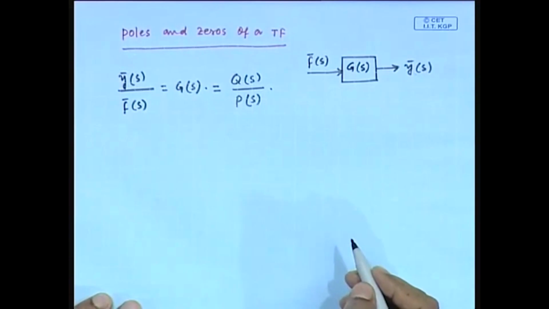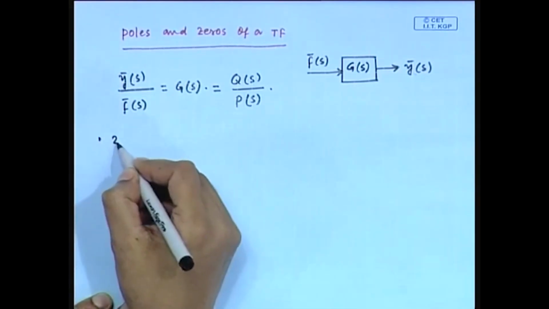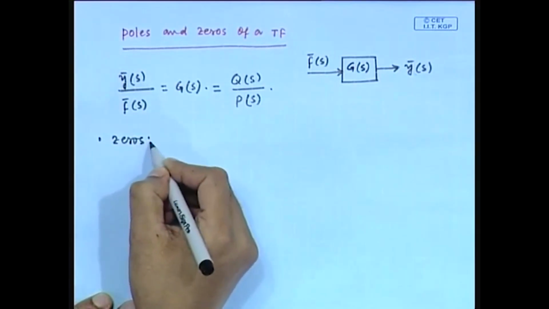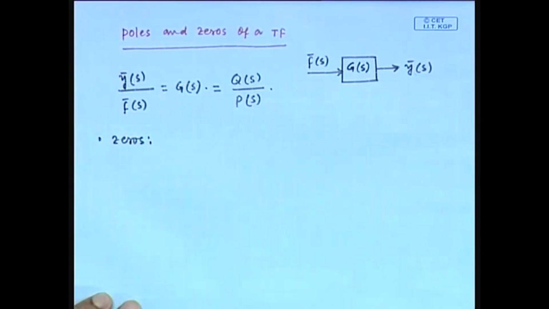Now, what are the zeros of a transfer function? The roots of the polynomial Q(s) are the zeros of the transfer function or the system. If Q(s) is a polynomial, then the roots of Q(s) are the zeros of the system.